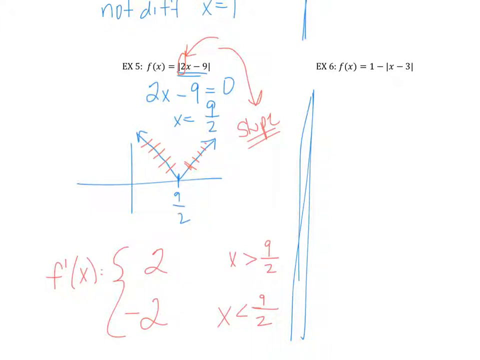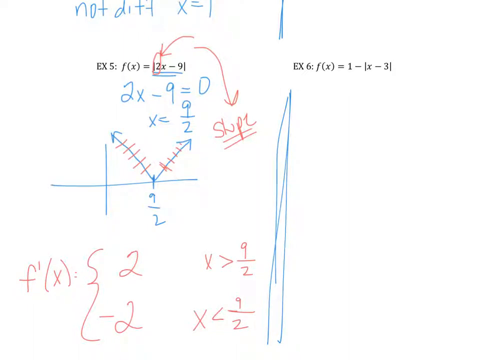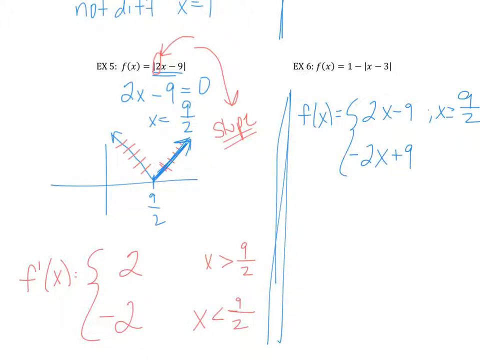But what I'm saying about rewriting, remember we did that before. You did it in pre-cal where you rewrote f of x and said f of x would be 2x - 9 if x is greater than or equal to 9/2. So I'm thinking of this graph and just rewriting the function. And then what is the equation of that other line? Well, it changes the slope, changes the sign of what's inside the absolute value.